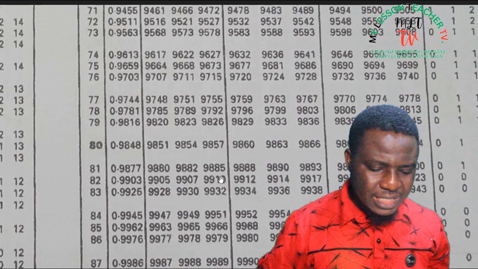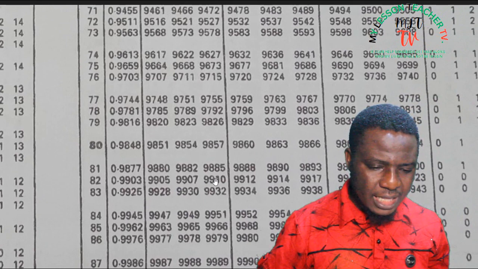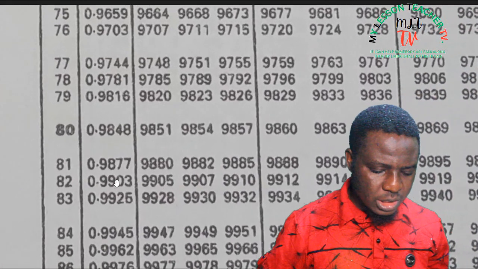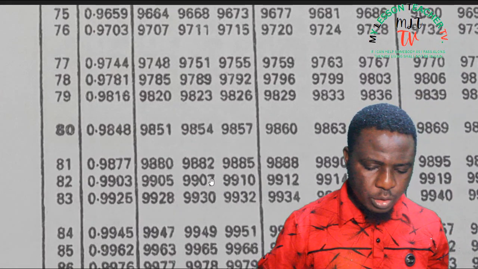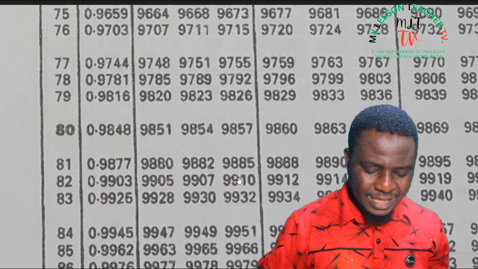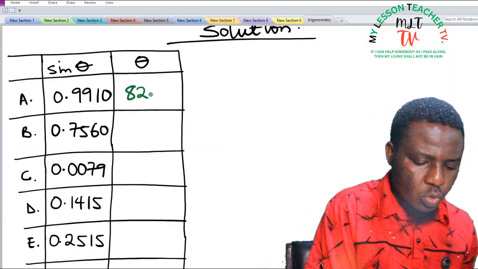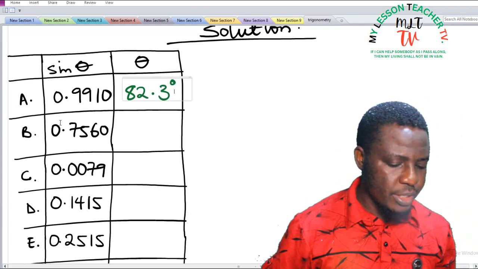So this is said to be 82 under 3, because this is 0.0, 0.1, 0.2, 0.3. So therefore our angle is said to be 82.3 degrees.